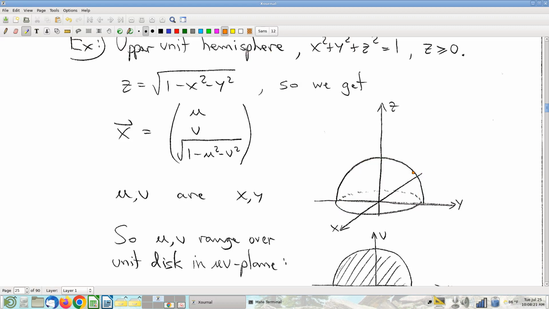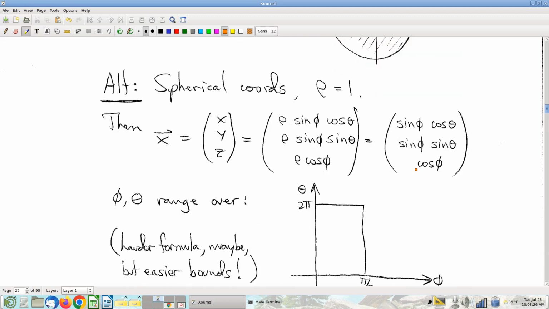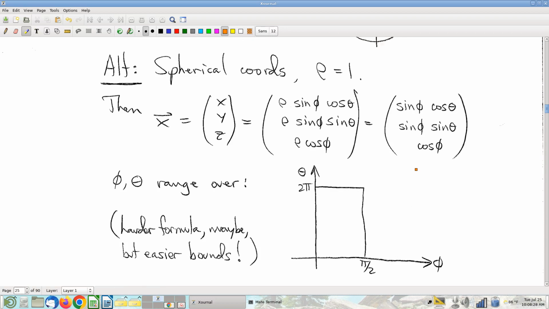Cool. Now, here's an alternative. Basically the same idea, a little different, and that is to think about a different coordinate system. The surface I was just looking at, I had previously written in rectangular coordinates. Here's the equation in spherical coordinates: rho equals 1. It's a unit sphere, so it's easy to write down. And again, check it out, I have solved for one of the variables.